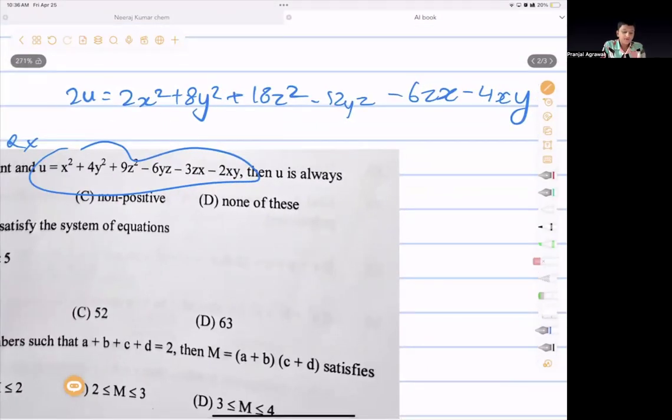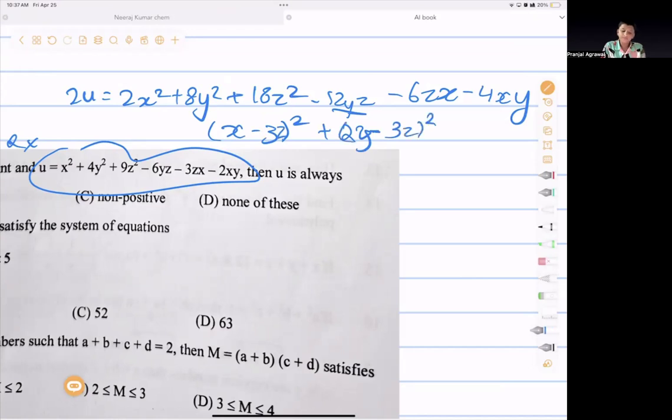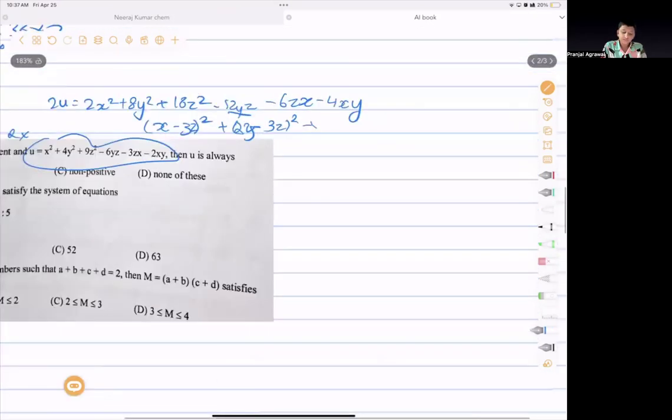Factorizing this, we will take x, so we can see 12, we will take y, x minus 3z whole square plus y minus 2y minus 3z, whole square plus 3z minus 2y whole minus x square.